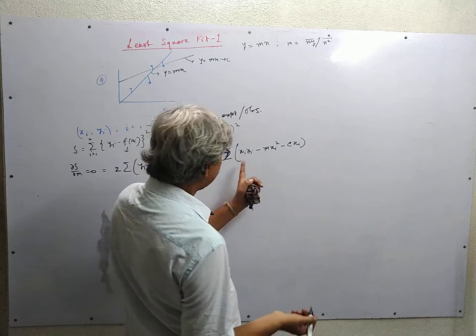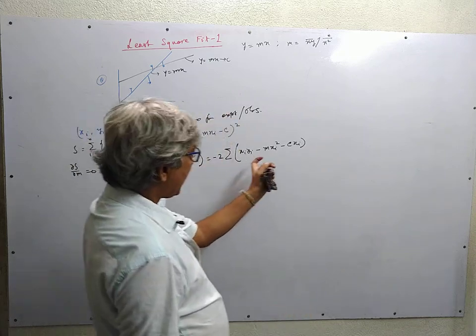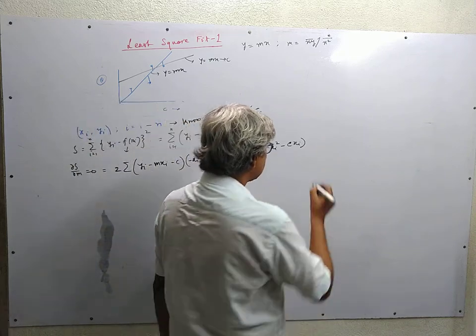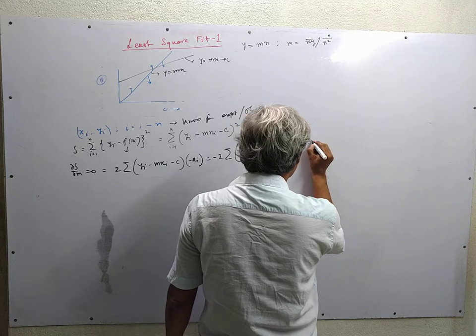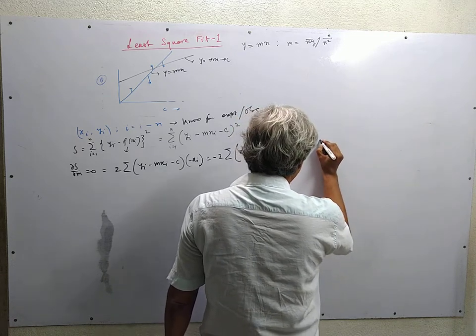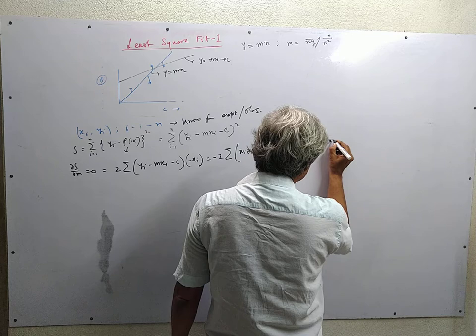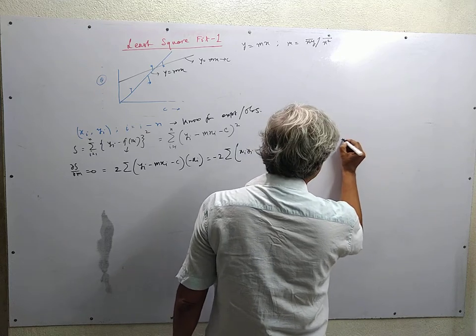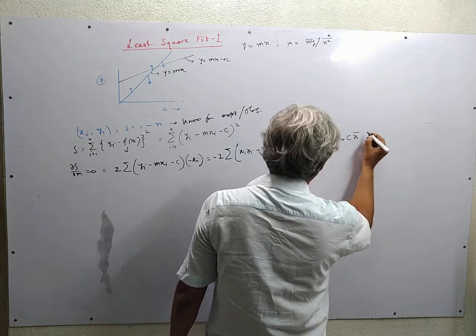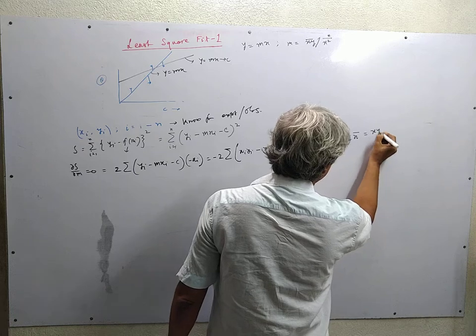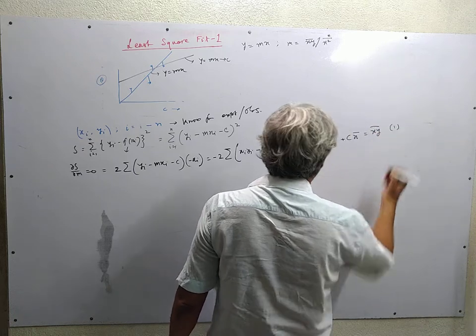If we divide both the sides by n, then this leads to the equation that m x square average plus c x average is equal to xy average. This is equation 1.